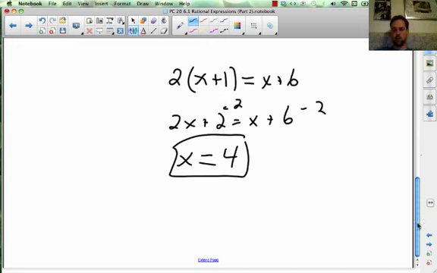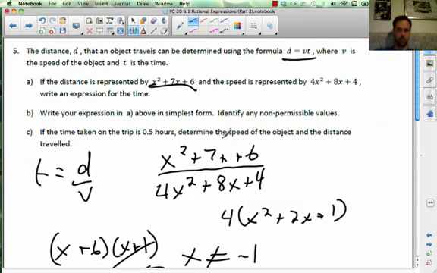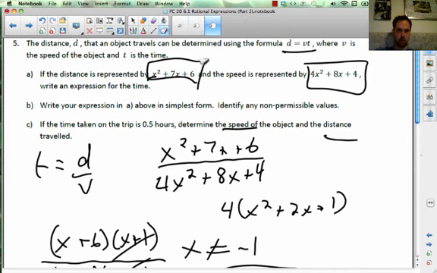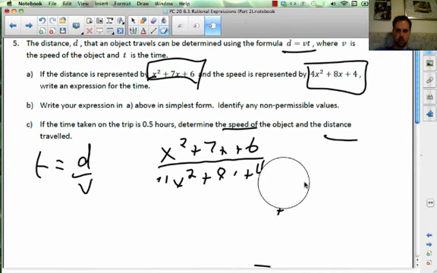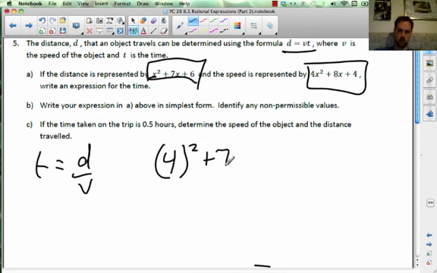Now this is not our final answer because x doesn't actually give us a speed or a distance. These formulas here give us the speed and distance. So now we just have to plug our known value of x into them and we'll have our answers. So for the first one, the distance here, we now go 4 squared plus 7 times 4 plus 6.